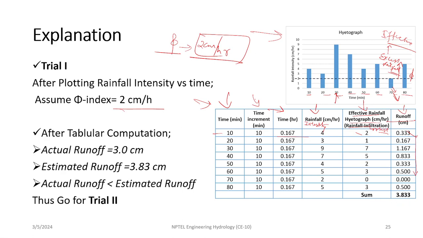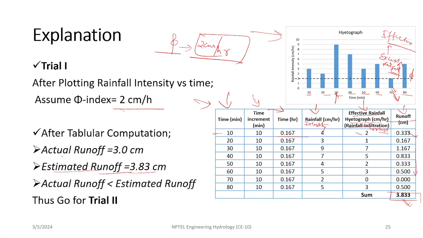Likewise we will compute for all the observed samples at different time intervals, and after adding these we get 3.833. This is the runoff depth we have found. But what we were given, wait a minute, I guess there is a confusion in the words.